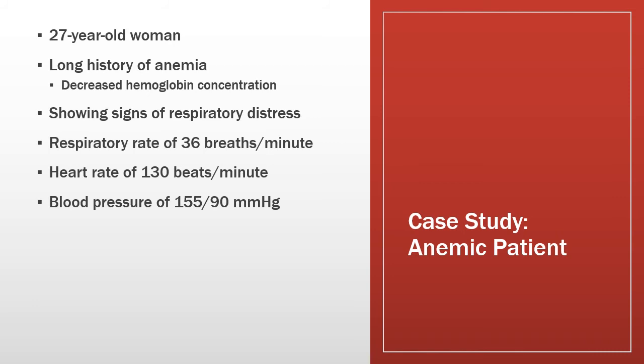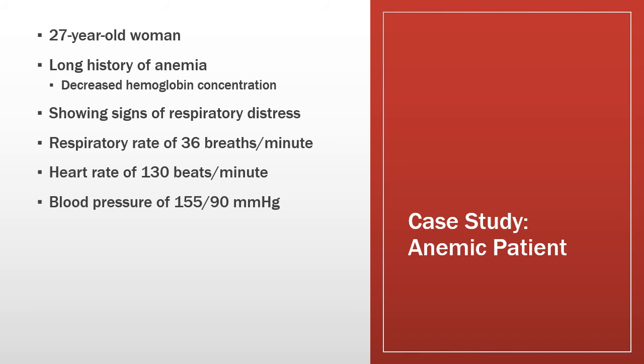So we have a 27-year-old woman with a long history of anemia, which means her hemoglobin concentration is diminished. She shows signs of respiratory distress, including a respiratory rate of 36, tachycardia of 130 beats per minute, and a high blood pressure, 155/90.